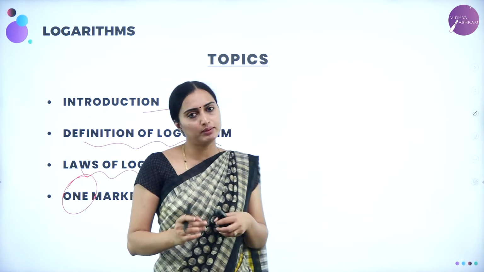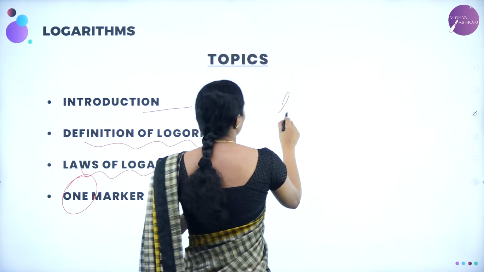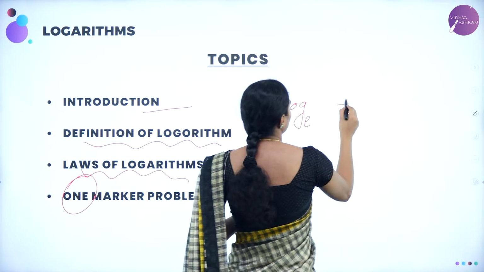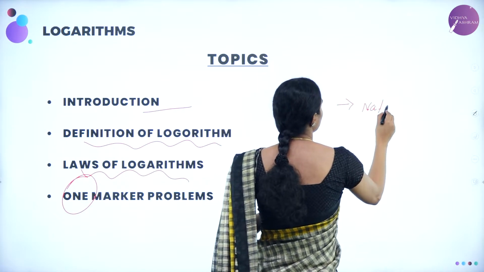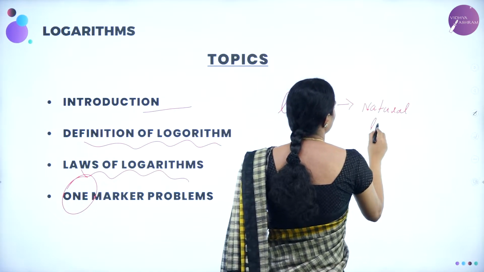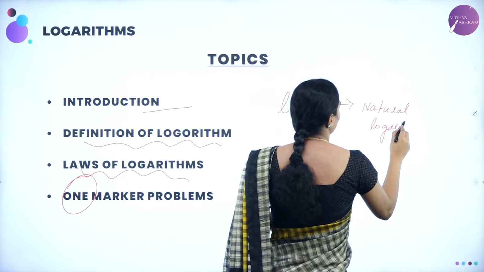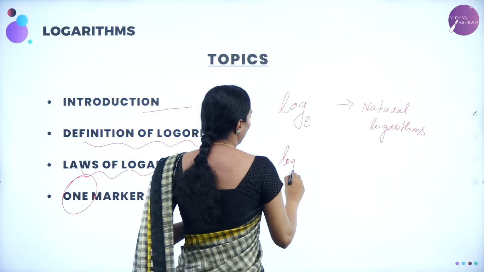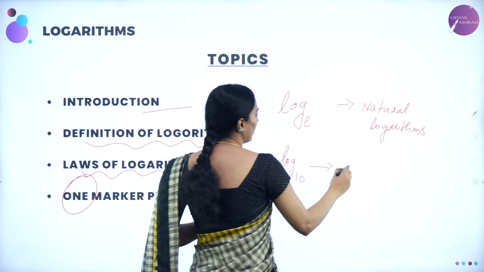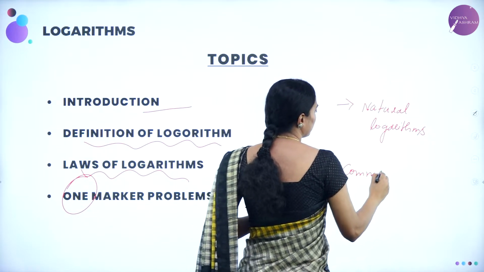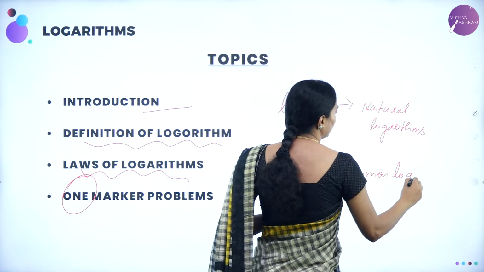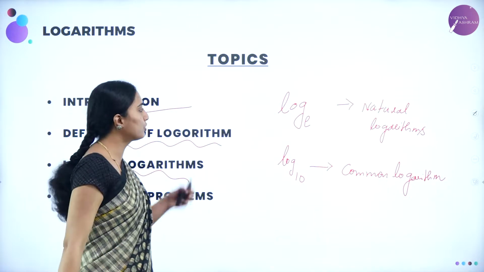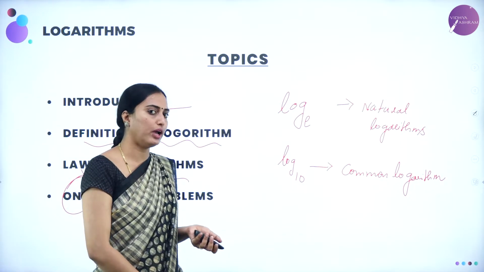Here, logarithm to the base e is known as the natural logarithm. Similarly, log to the base 10 is known as the common logarithm. This you have to know. This is the introduction.